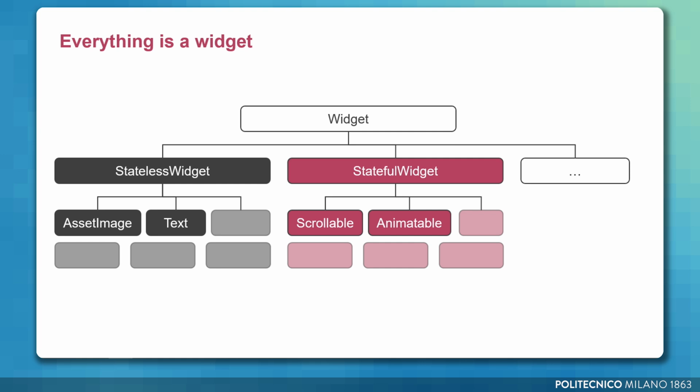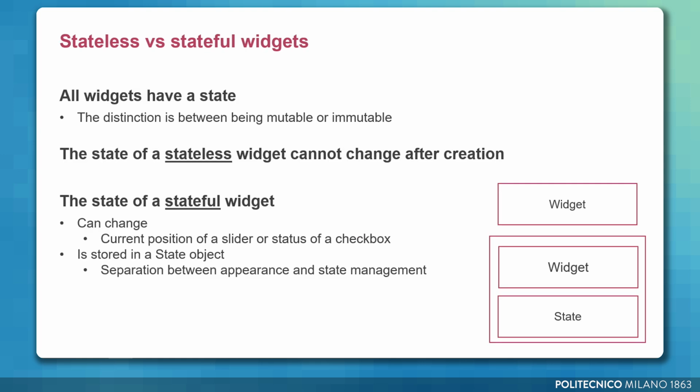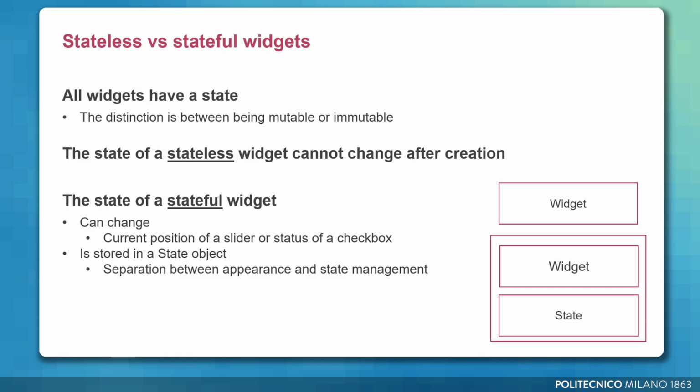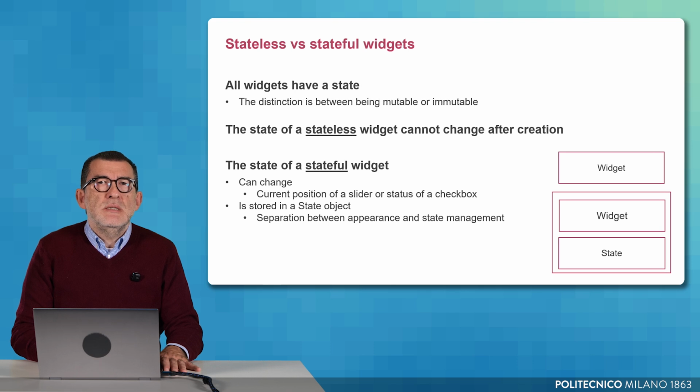When you use built-in widgets, their types and behaviors are predefined. However, when creating your own widget, you need to decide whether it will be a stateless or stateful one. This decision affects how the widget manages its internal state and interacts with the UI. All widgets in Flutter have a state in a broad sense, but there is an important distinction.